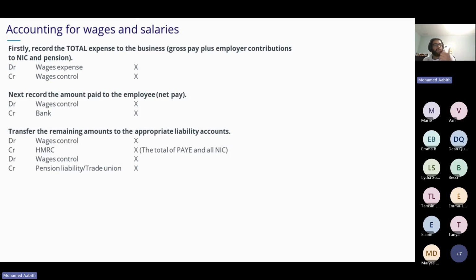So in this scenario, the total expense will be what we're paying you as a salary plus the employer's contribution on national insurance plus the pension, and then we look at how much the employee gets paid. So do you think you take the whole of your salary home with you? If I pay you 30K, do you take 2,500 pounds a month home?